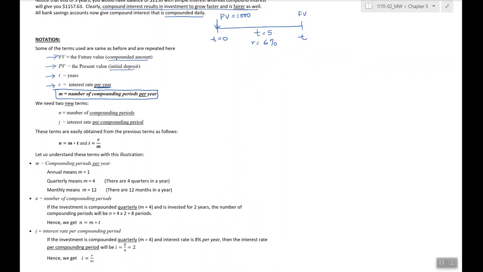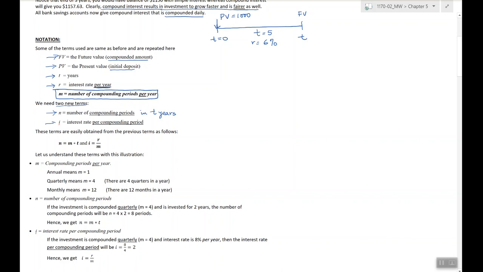So now once we have decided M, it's always known beforehand, we will need two new terms. So the first one is N, which is the number of compounding periods in T years. So how many compounding periods will there be for the time that you are interested in?